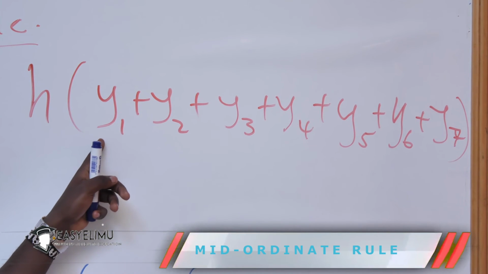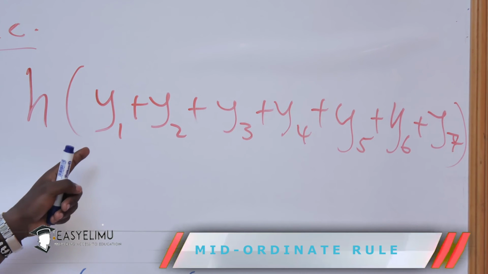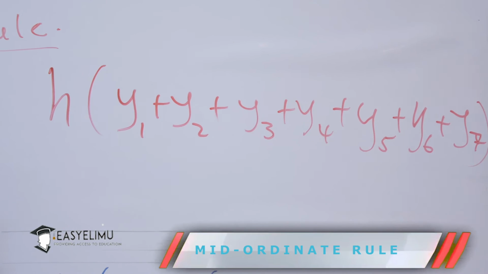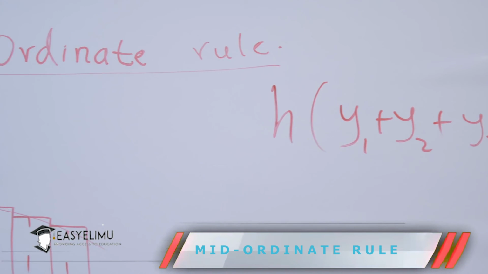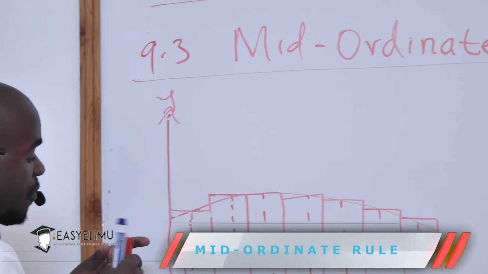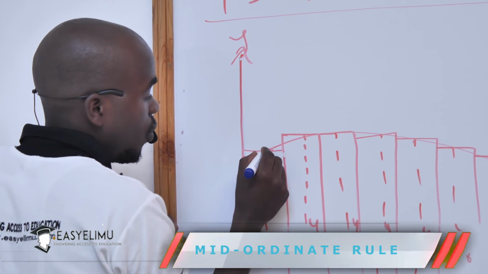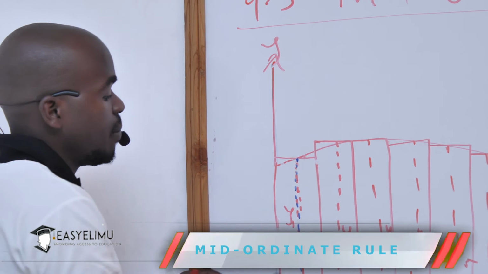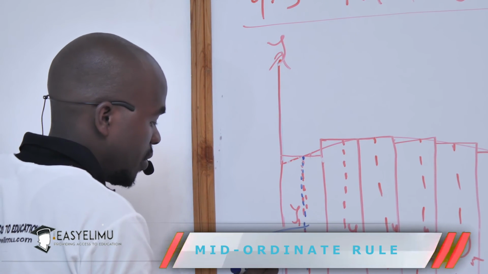Remember, y here represents the mid-ordinate, the vertical line touching where the balancing was taking place. The line drawn from this point up to the base is my mid-ordinate.